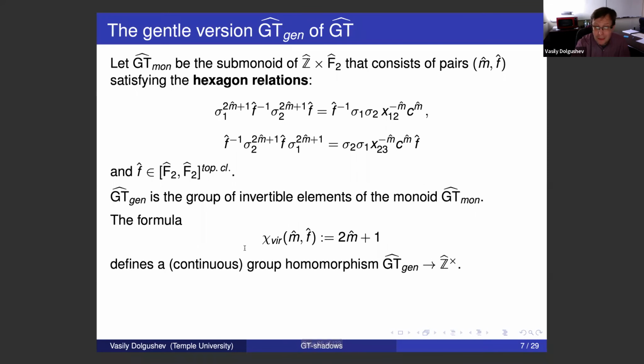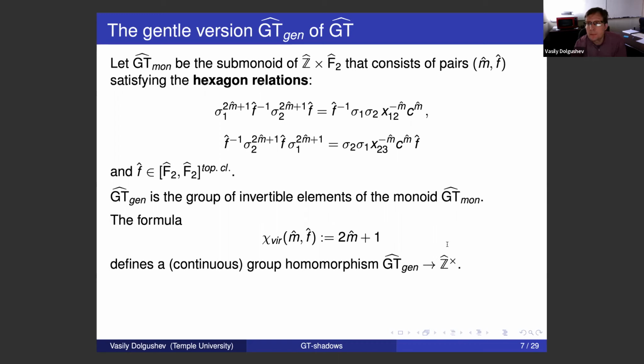It turns out that this formula defines a continuous group homomorphism from this gentle version of GT hat to the group of units of Z hat.